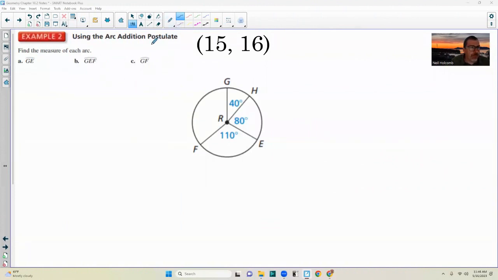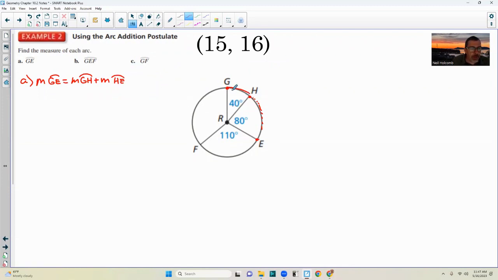Okay, so here's example 2. Using the arc addition postulate, find the measure of each arc. So for A, I'll do in red. That's GE. Right here, arc GE is GH plus HE. So I'm going to say that the measure of arc GE equals the measure of arc GH plus the measure of arc HE.